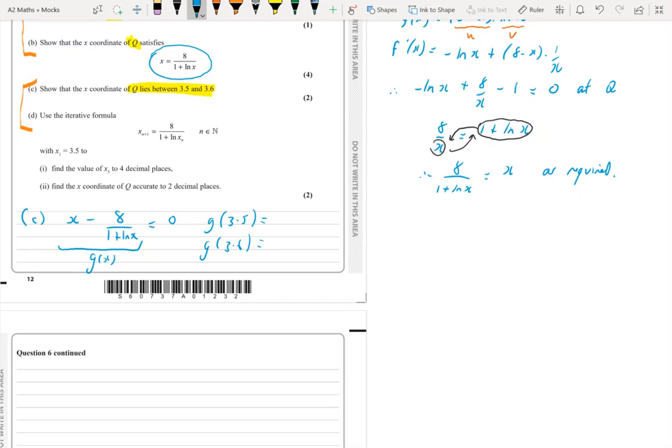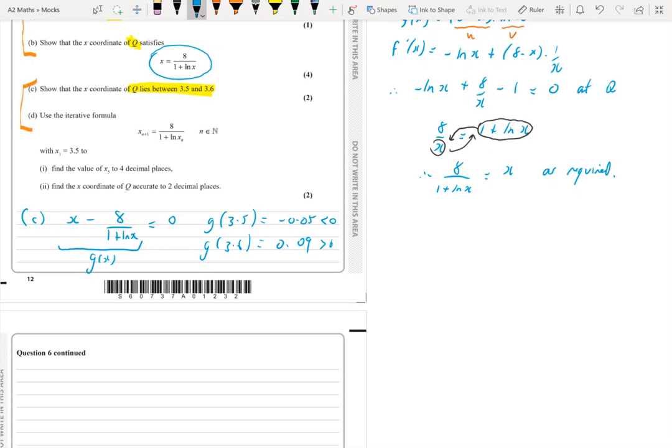And that's small and negative, that's a good sign, it's negative 0.05, which is less than 0. Then we need to go back and put 3.6 in, and hopefully it will change slightly. It should still be small, but hopefully this time it's going to be positive. And the calculator, I get 0.09, which is very nice. That's small but greater than 0.